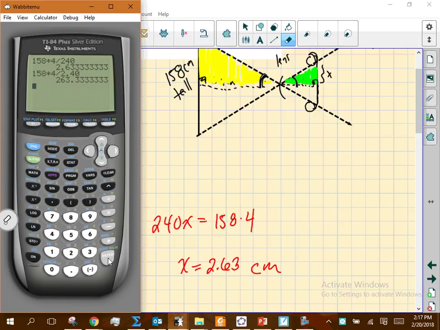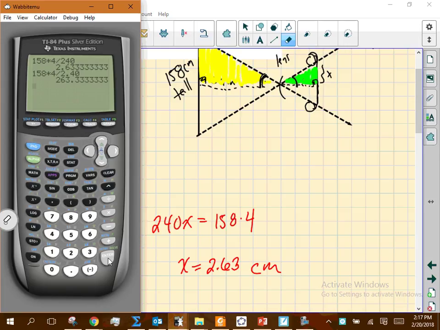That's an issue, okay? 2.6333 is different than 263.3333. But if you're going through things and getting the same numerical quantities, just with the decimal place shifted, that tells you you messed up your units. You didn't convert units over. Does that make sense to everybody?